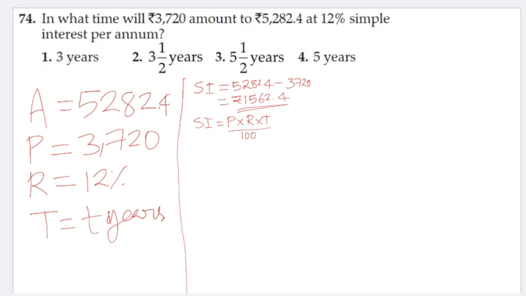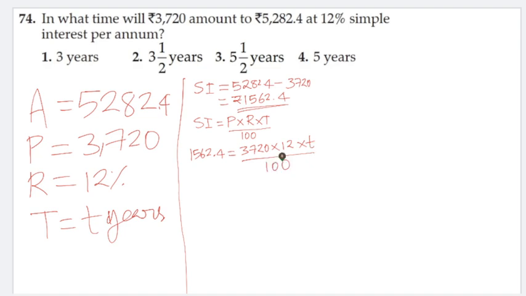So we can put the values in this formula and then we will get the T, that is our time. So here we know the simple interest, that is 1,562.4 will be equal to, what is the principal amount? It is 3,720. And that multiplied with R, our rate of interest is 12, and T, our time is T, divided by 100.